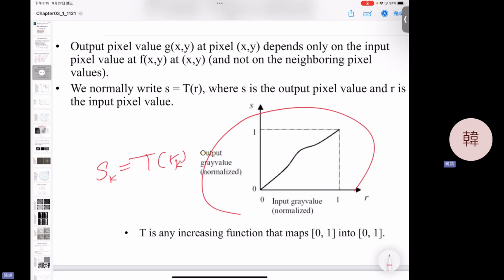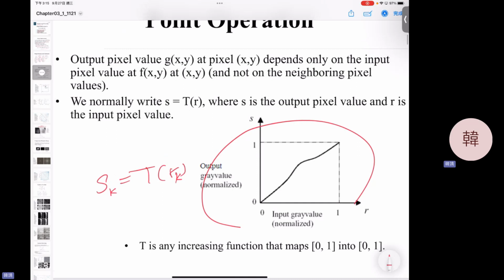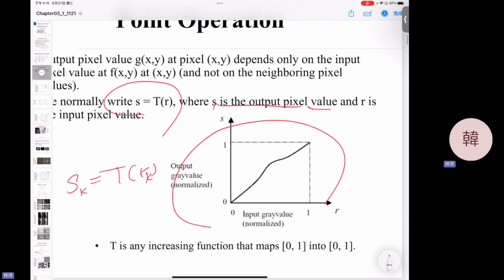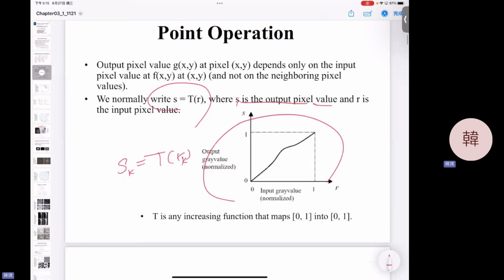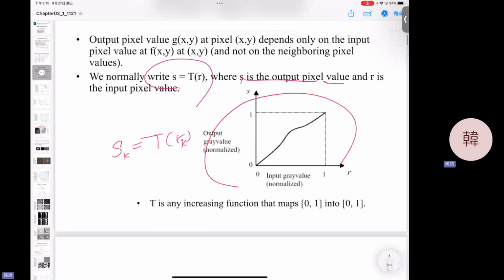So it's different. Better to use a monotonically increasing or monotonically decreasing function, and then you are very sure of the transformation. So we write this: S is the output pixel value, R is the input, and this is the transformation function. T can be any increasing or decreasing function from 0 to 1. We just mentioned we do some normalization.